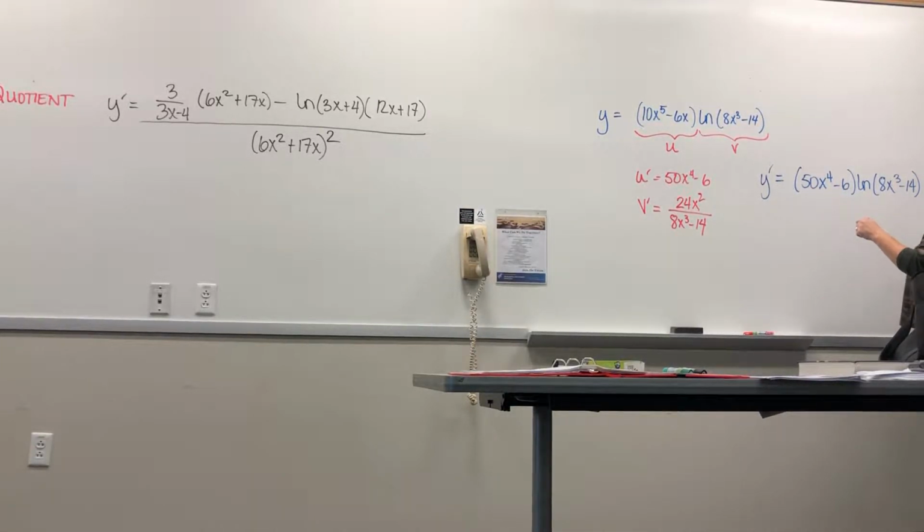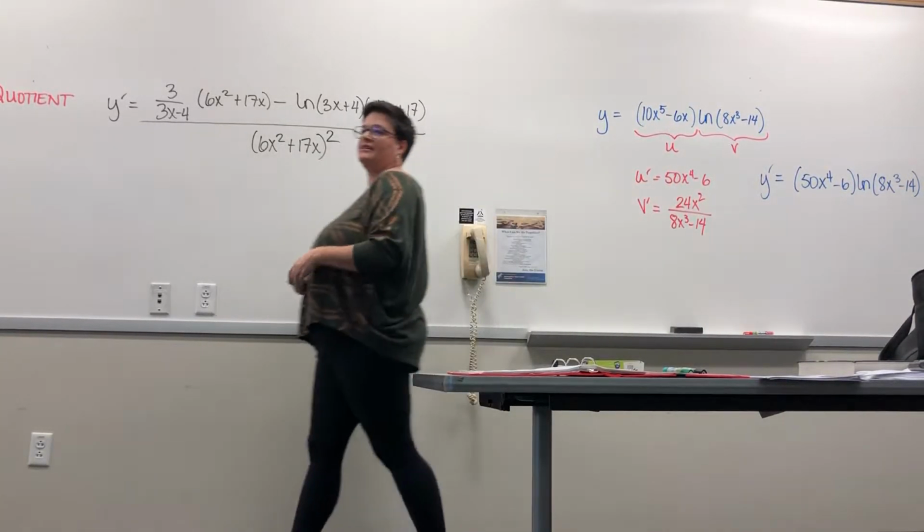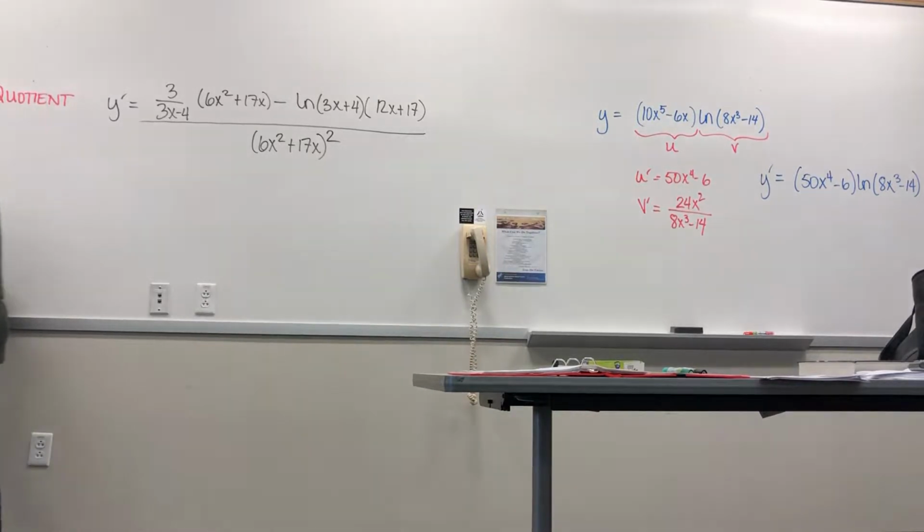So right now, you guys are my bomb diggity group. We are pretty cool. 10x to the 5th minus 6x times V prime is 24x squared, Avery, divided by 8x cubed minus 14. And there's your derivative. There is nothing in here you don't know how to do.